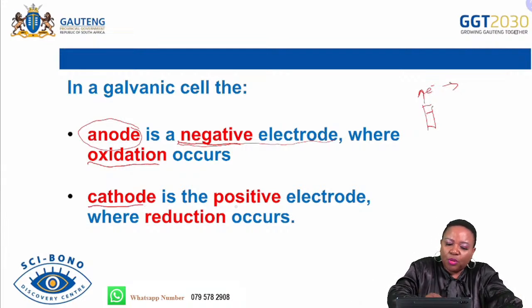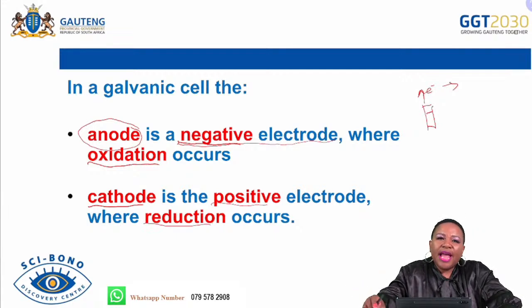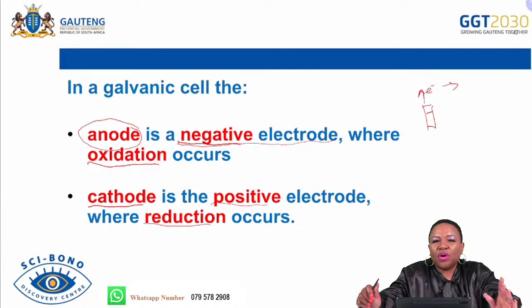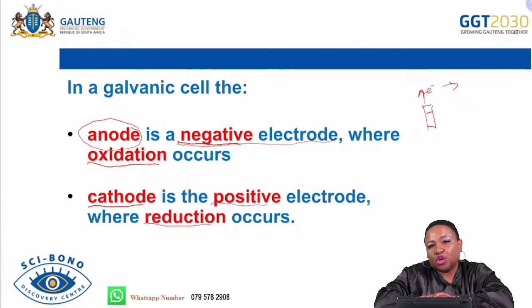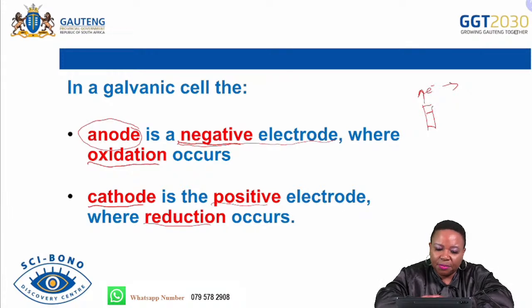Therefore, our cathode will be our positive electrode, where reduction will occur. So, as we are not going to confuse the two cells, electrolytic and galvanic, we know that in a galvanic cell we don't have any power source that will provide energy. These electrodes will become positive and negative according to the way they react.